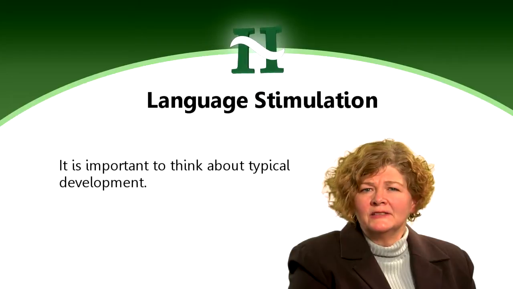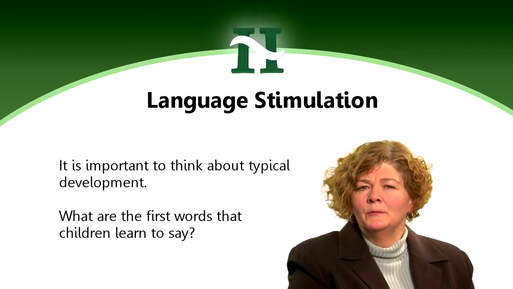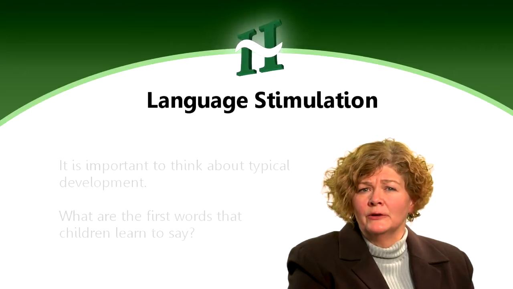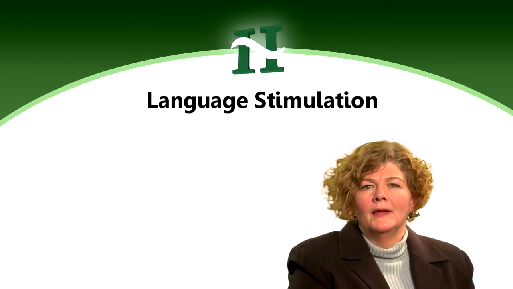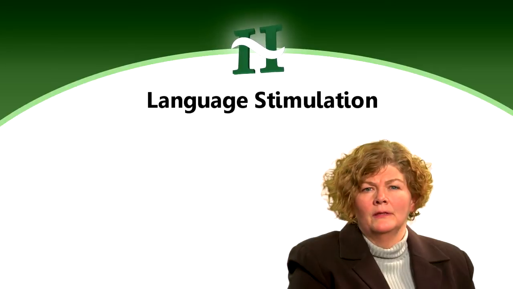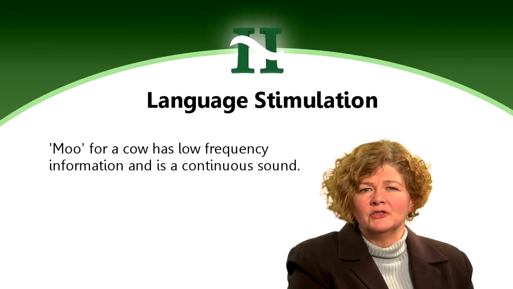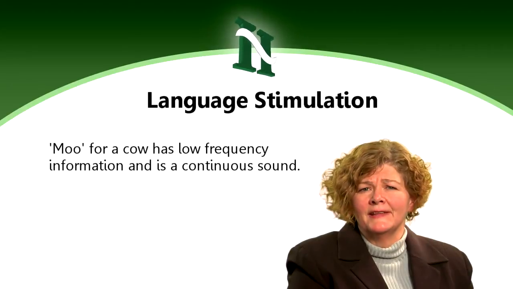Again, we should think about typical development. What are the first words that children learn to say? And we have to consider what the child with a hearing loss can hear. As we target animal sounds, think about their features. For example, moo for a cow has low frequency information and is a continuous sound.